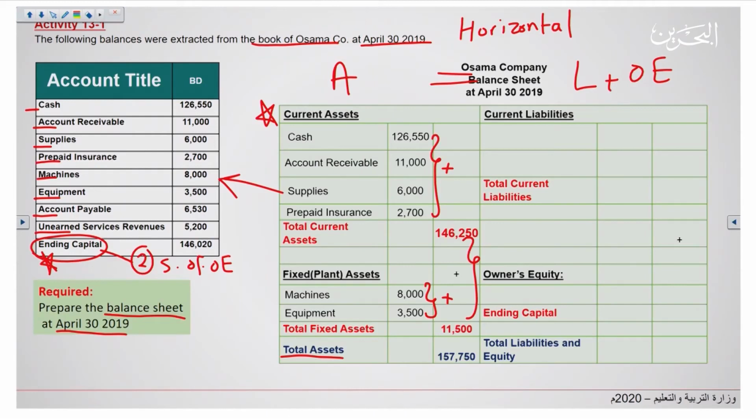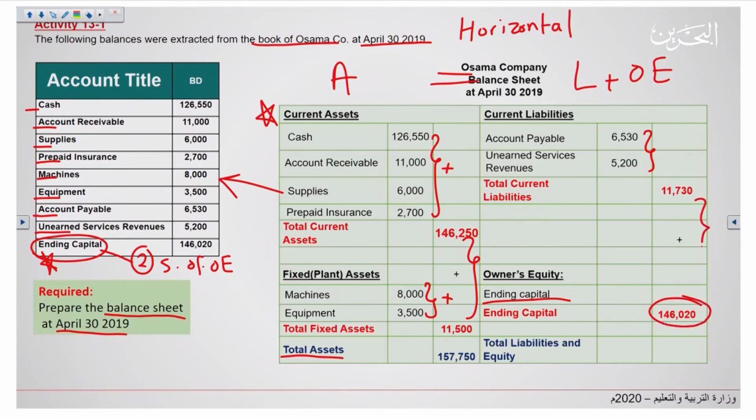Then we will move to the current liabilities. We will list them, which are the accounts payable and unearned service revenue, and we will get the total of these two to get the total current liabilities. Moving to the owner's equity, we will list the entries here. We have the ending capital that was brought from the statement of owner's equity, and we will list the total of it because we only have the ending capital here.